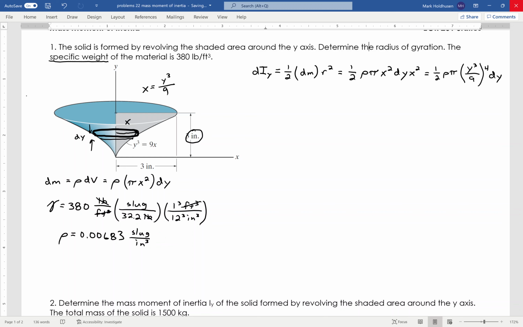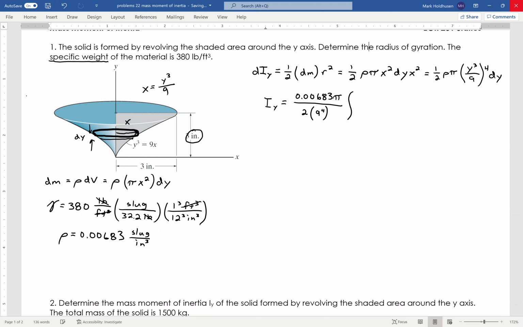Okay, so what I do now is I basically integrate this. I'm going to pull my constants out, right? So I get rho pi over 2, pull that out. So again, rho is 0.00683, okay? And then pi divided by 2, and I'm also going to pull out the 9 to the 4th.